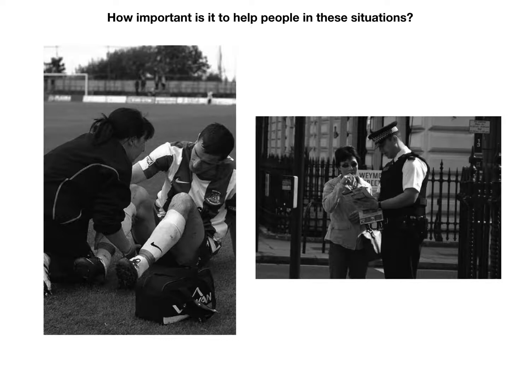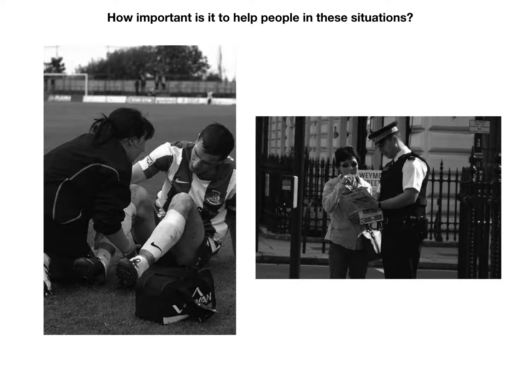In the first situation, it is very important to help the player. It's something he can't do on his own because he's been injured. If the injury isn't treated, if he doesn't get help, then he may have some health problems in the future. He could be in a lot of pain as well.